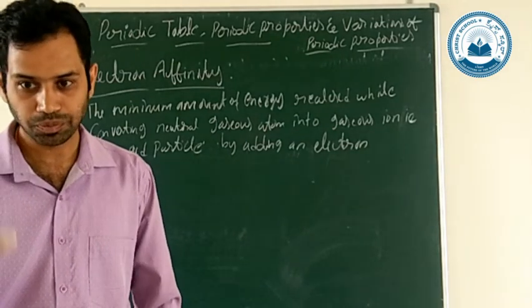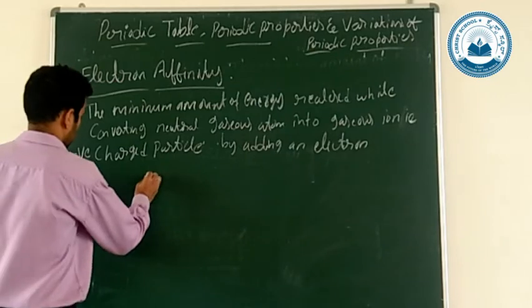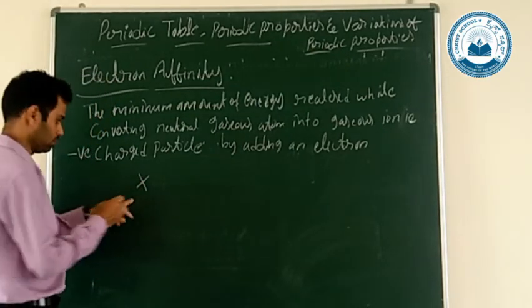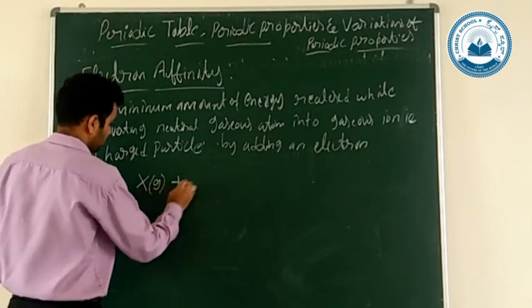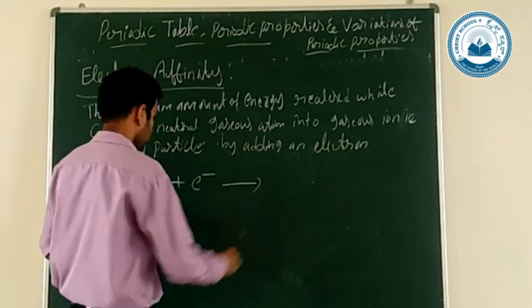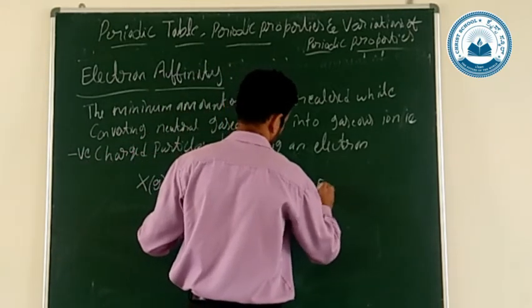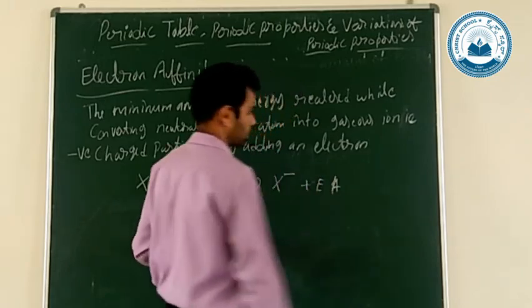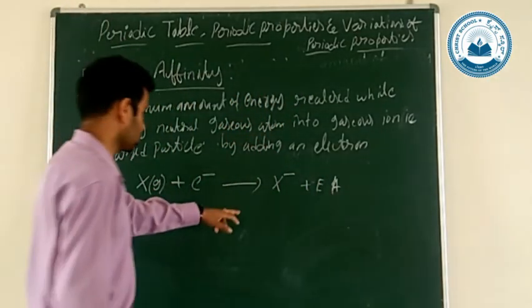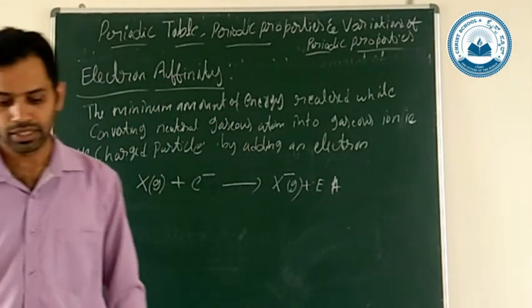The general form of that one: X may be any element that is in gaseous state. So we will add the electron. That becomes X minus plus electron affinity. This is also in gaseous state. Clear?